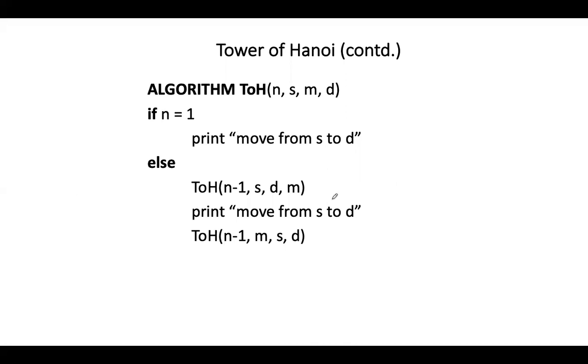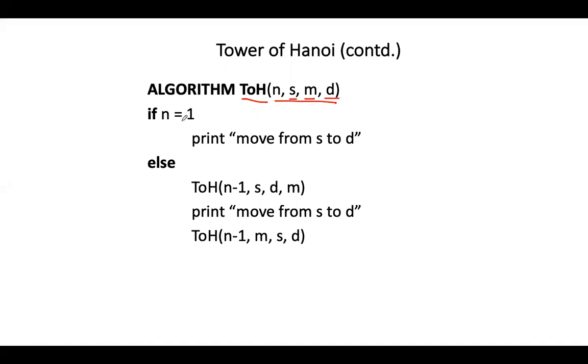Okay, so this is the algorithm for Tower of Hanoi. Observe the algorithm. I'm going to call the function Tower of Hanoi, and I will pass these values: the number of disks, n, the source tower, the auxiliary, that is the middle tower, and the destination tower.